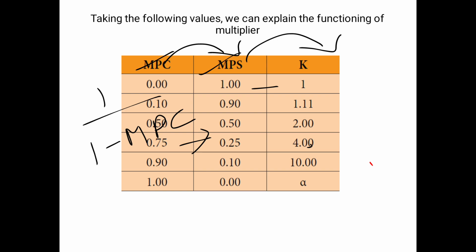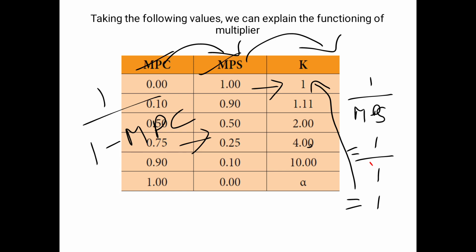Now from MPS you are going to derive K. How do you derive it? 1 divided by MPS is the formula. So 1 divided by 1, which is equal to 1. Have you got the answer over here? 1.